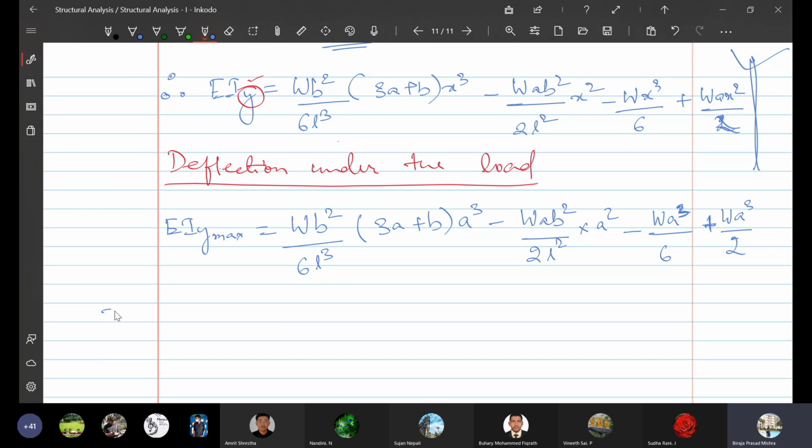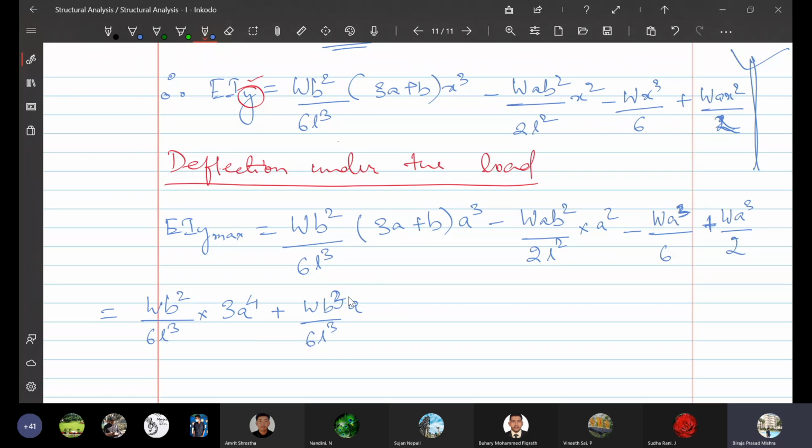So if I solve this one, let us say this is w b square divided by 6l cube into, let us open the brackets. So 3a cube will be multiplied here, 3a to the power 4, plus w b square divided by 6l cube into b cube.